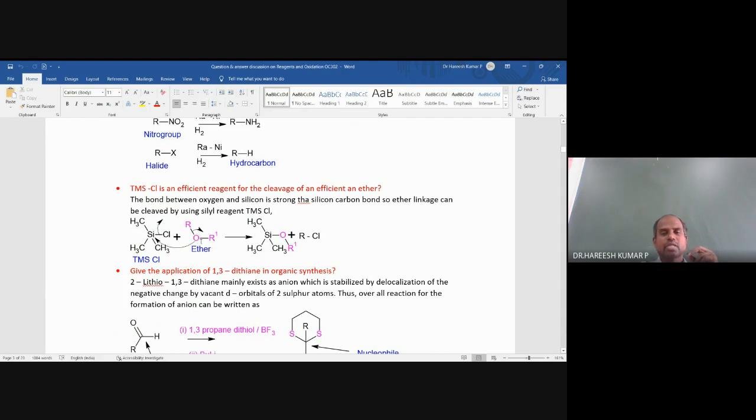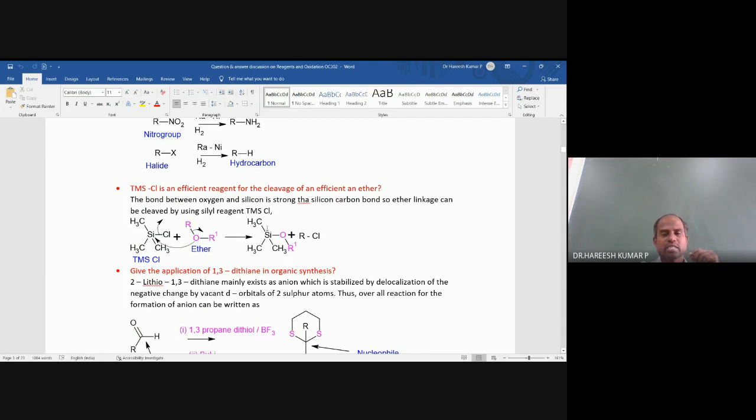Why? That explanation you need to give. What is happening here is that there will be a new bond formation between the silicon and oxygen. And similarly, there will be a new bond formation between the alkyl or aryl group with halide.